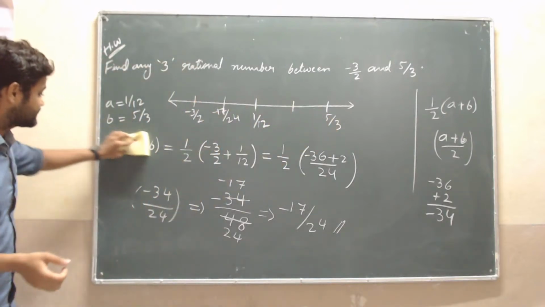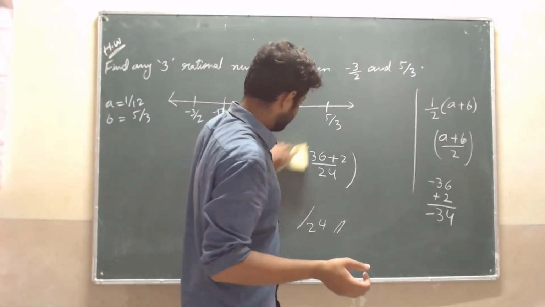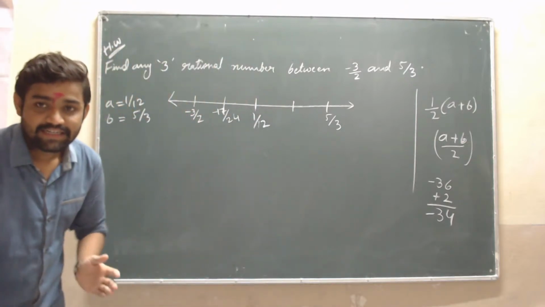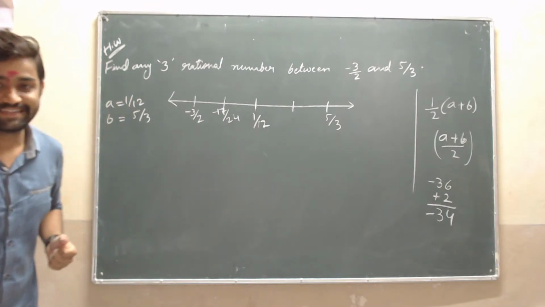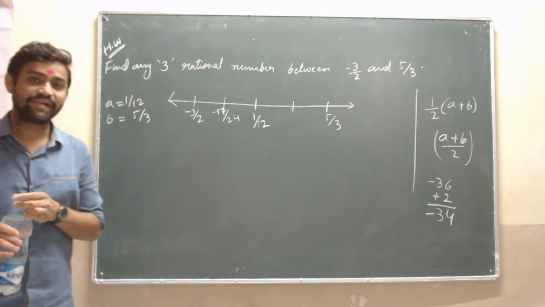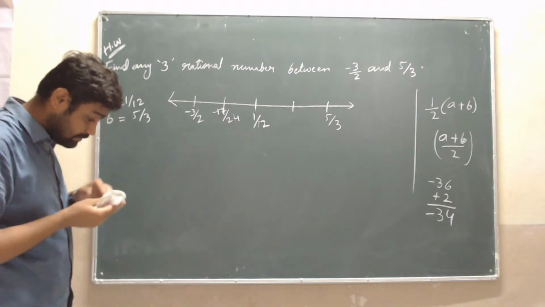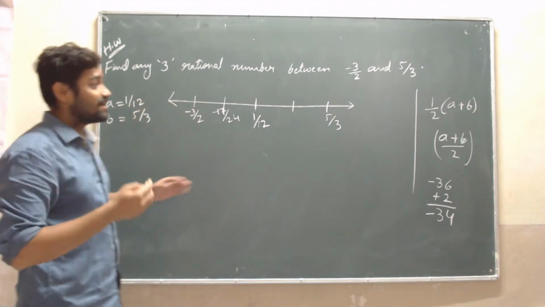See, let's find it. Tell me the answer between 1 by 12 and 5 by 3. What's the formula we have?